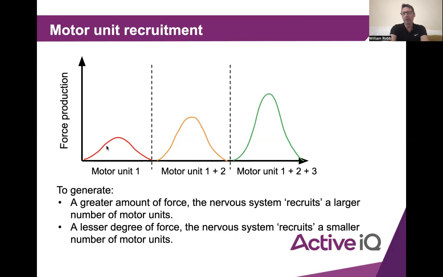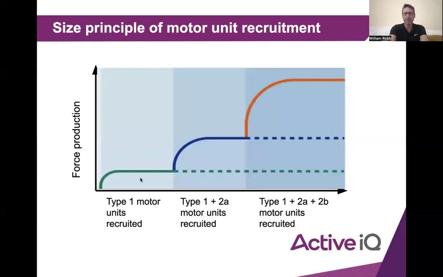So here we're looking at type 1 muscle fiber all the way to type 2B muscle fiber, and in the middle, type 2A muscle fiber. Okay, so a little diagram here just to show you what I've just discussed. Lower force, type 1, higher force, type 2B.